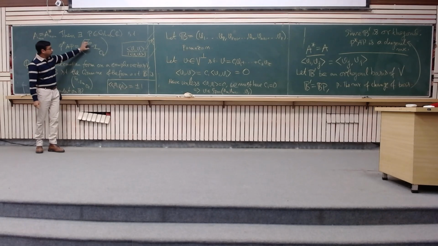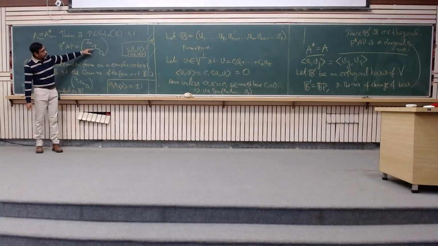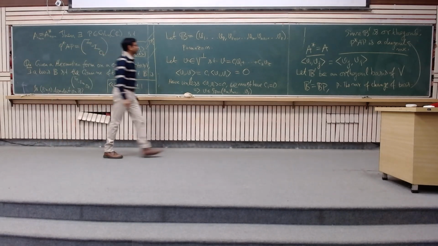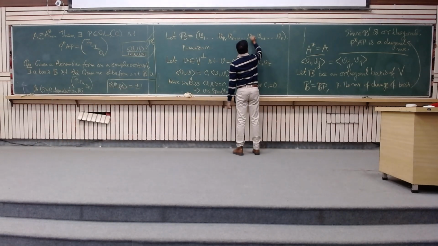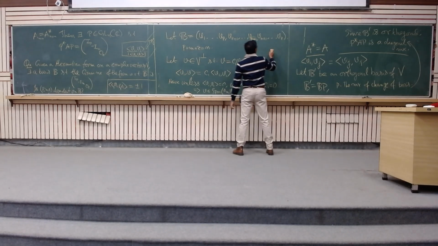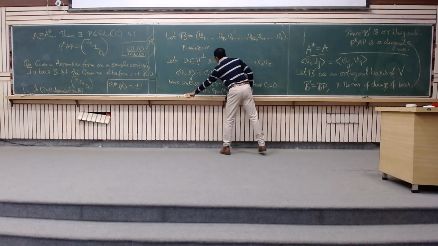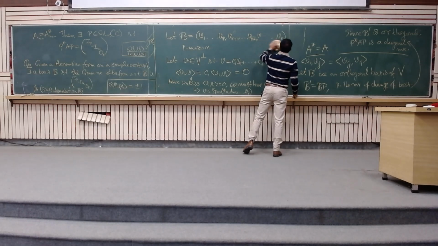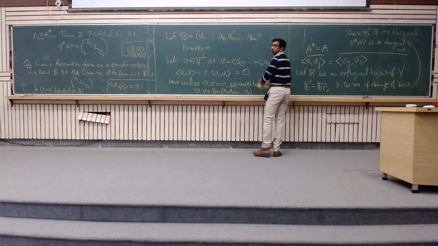So V1 to Vp, then P plus 1 to Vm, P plus m it should be, and then it is P plus m plus 1. Thank you, Abhijit. Now I see the confusion of Kaushik.